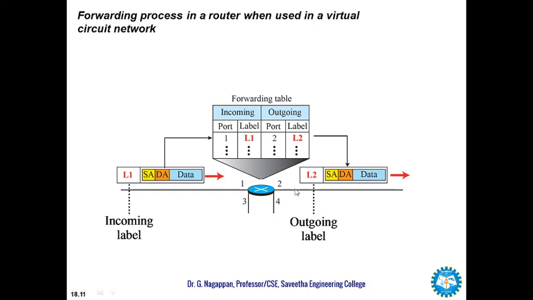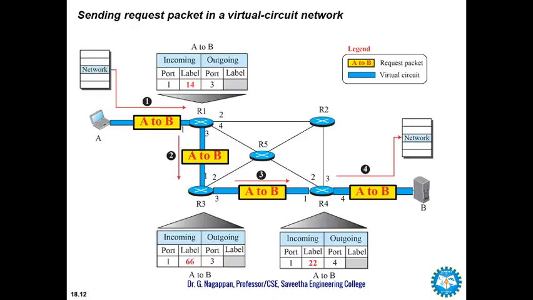The label identifies the corresponding virtual circuit. Through this L1 it flows, and the label alone is decapsulated and then encapsulated with the new outgoing label, L2. This is how the forwarding process happens in the router in a virtual circuit network.